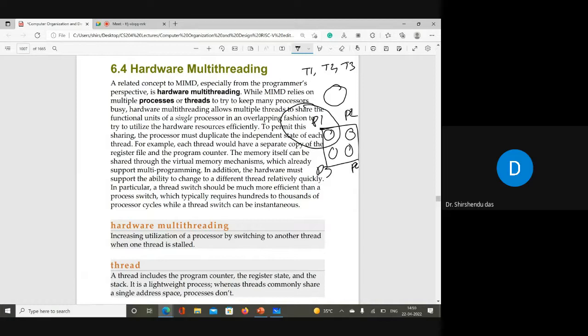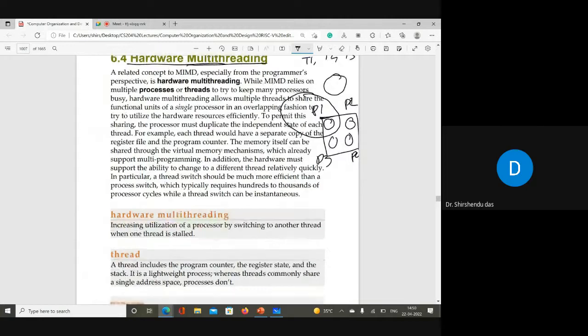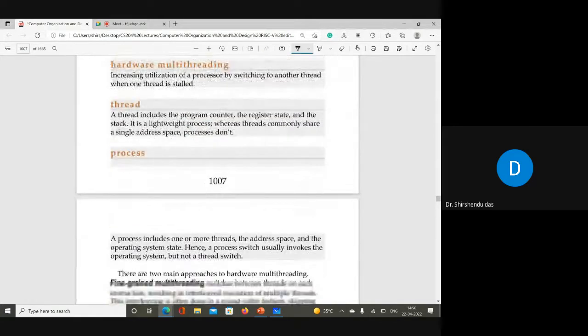If you want to switch the process, it is very expensive as compared to a thread. So that's why thread changing is easy, and that's why this concept, hardware multi-threading, is important. Hardware multi-threading means in a single core, if you have multiple threads, you can run them not in parallel, but simultaneously, or you can say concurrently.